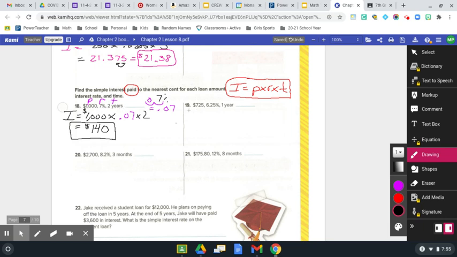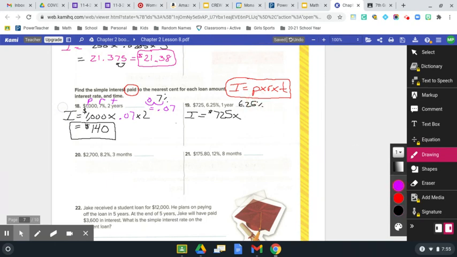Number 19. So you're going to borrow $725 as a loan. You're going to have to pay 6 1/4 or 6.25% on that loan in interest. And then you're just going to keep it for a year. Okay. So 725 times 6.25%.